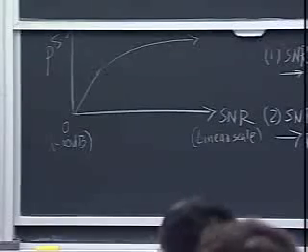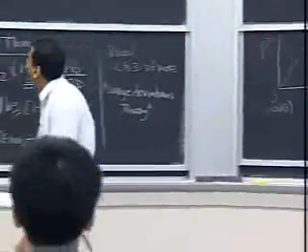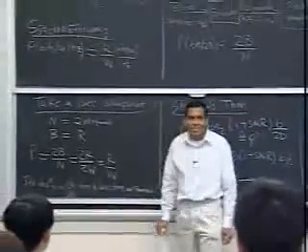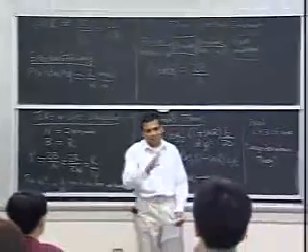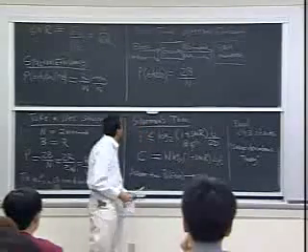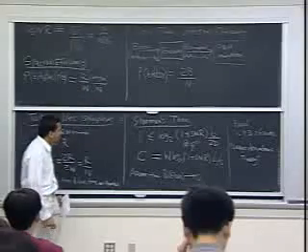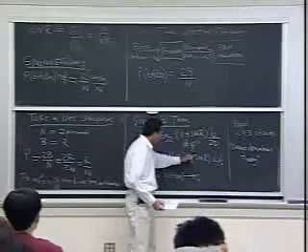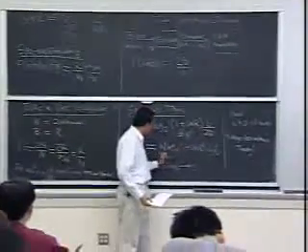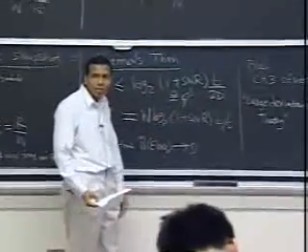What is my SNR? It's P over W N naught. So what happens if I fix P over N naught? Basically, if I double my bandwidth, my SNR decreases by a factor of 2. So this term here is like SNR over 2. W increases by a factor of 2, and SNR decreases by a factor of 2.